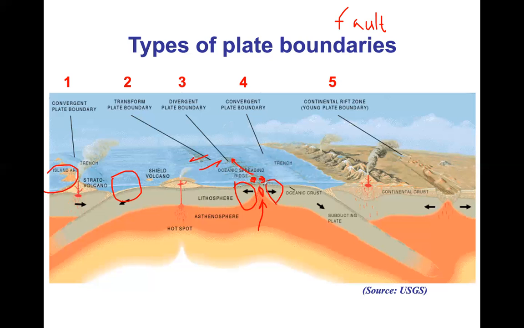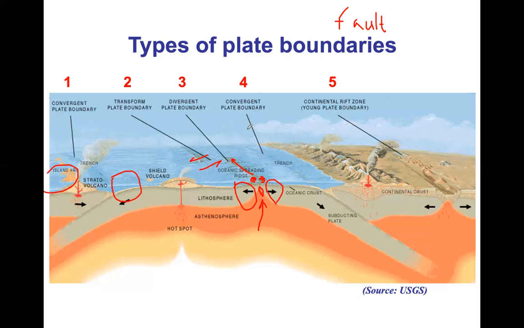Mostly they are associated with the middle of the ocean. So of all the oceans we have, the 7 oceans, every ocean contains this type of mid-ocean ridge. So this is the third plate boundary.